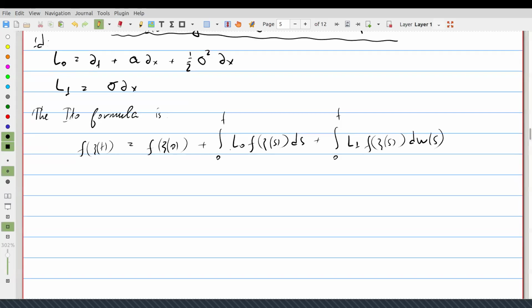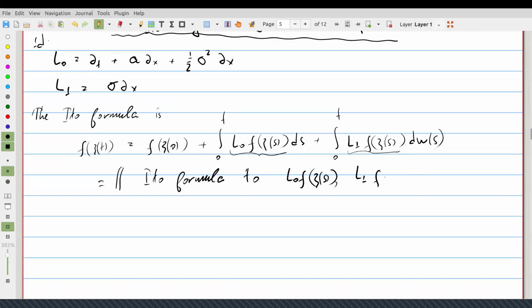Now, these are new functions, so we can apply the Ito formula to them. So let's now start expanding the original solution.